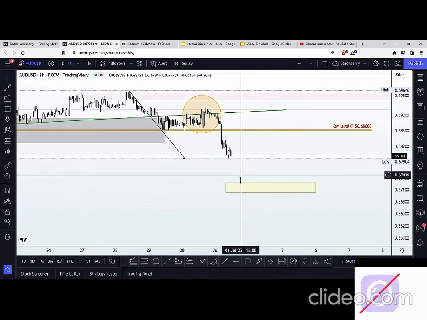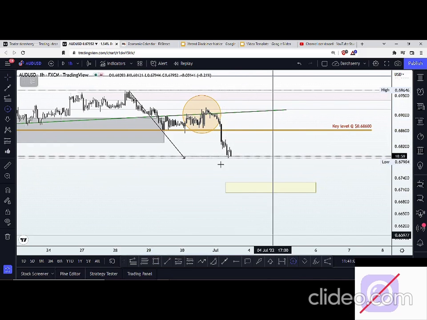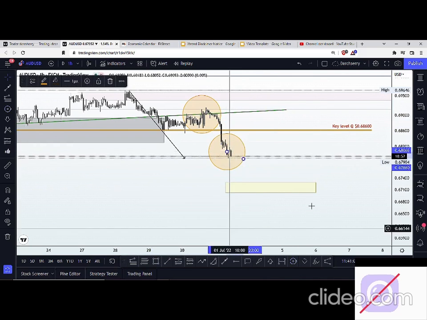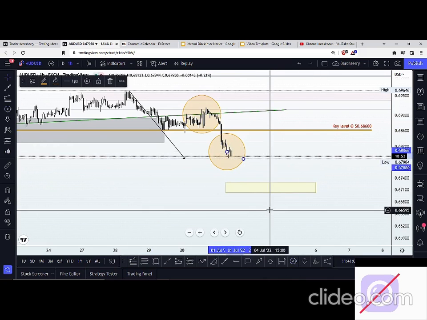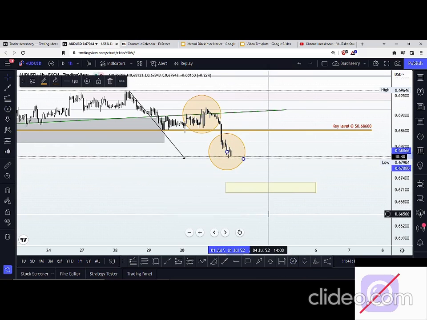So we need to be very patient. We need to look out for our reversal patterns around this area to give us a clue into the culmination of that impulse leg, after which we want to see a retracement, then a trend continuation in that direction.